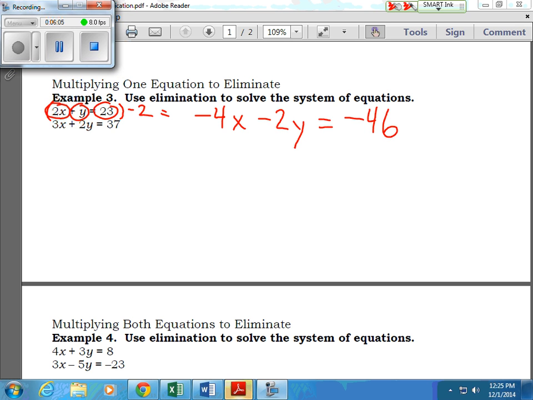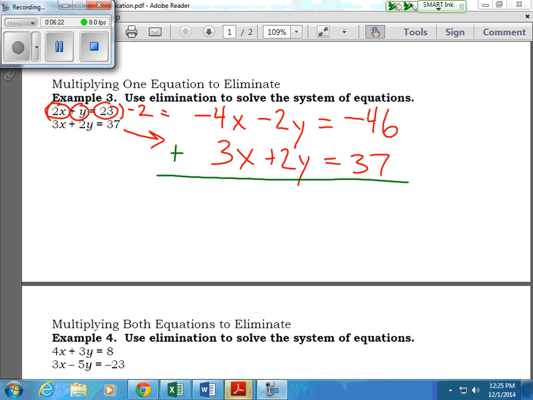The second equation, I am not going to modify at all. 3x plus 2y equals 37. And now when I add the two equations together, the y terms will zero out.